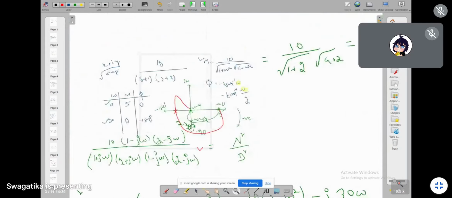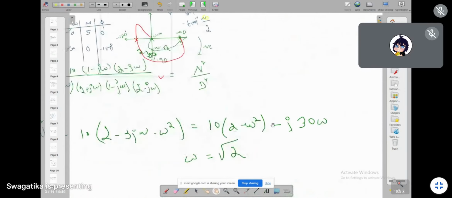You will separate the real part and the imaginary part, then equate the imaginary part to 0. From that you will find out the intersection point on the real axis. Yes, ma'am.